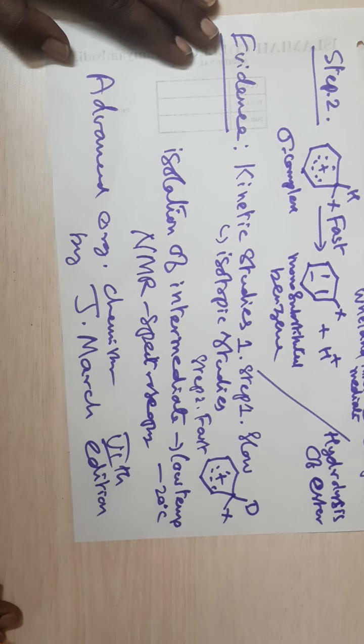So it is better that you purchase this book. I always ask students to purchase a book. So dear students, please purchase this book. The cost is around 700 or 800 rupees. You can purchase it online as well. So Advanced Organic Chemistry by Jerry March, 6th edition, you refer to this book.